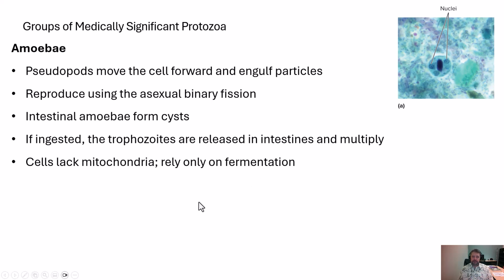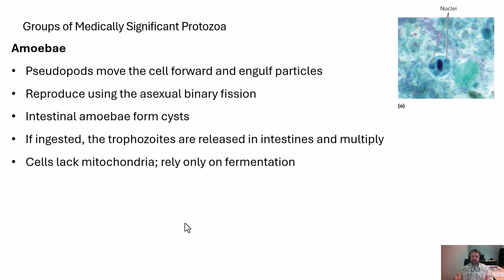Interestingly for amoebas, they don't have mitochondria, and so they rely purely on fermentation. So sometimes with amoeba infections in humans, you have this delayed period of time until symptoms come on, because the populations are low at first and fermentation has to occur.